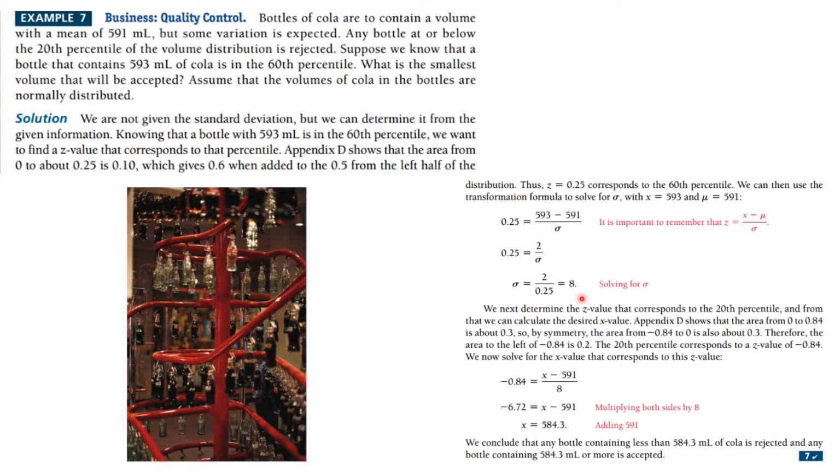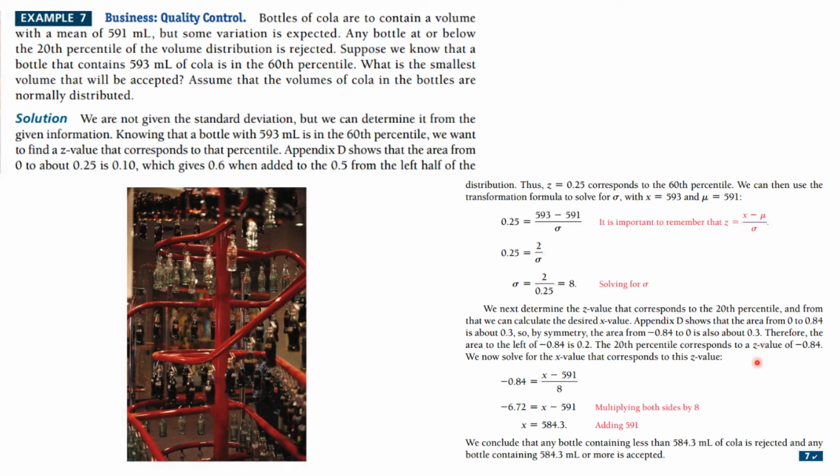But now we can solve for the 20th percentile. From our table, we can calculate the desired x value. So Appendix D shows that the area from 0 to 0.84 is about 0.3. So by symmetry, the area from minus 0.84 to 0 is also about 0.3.